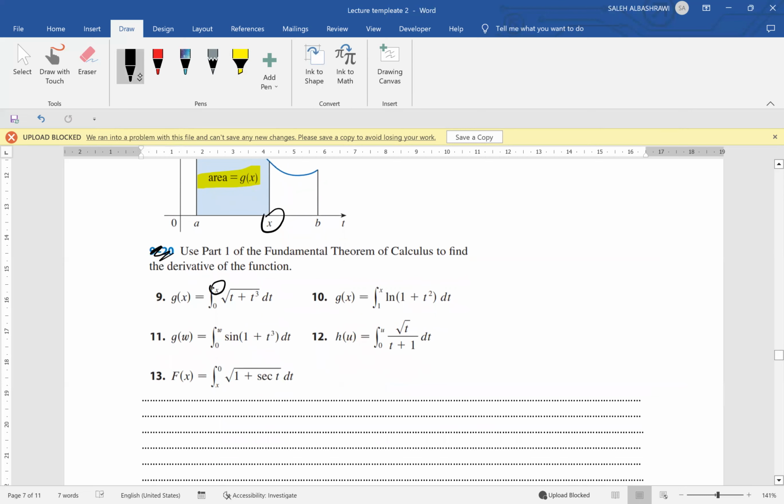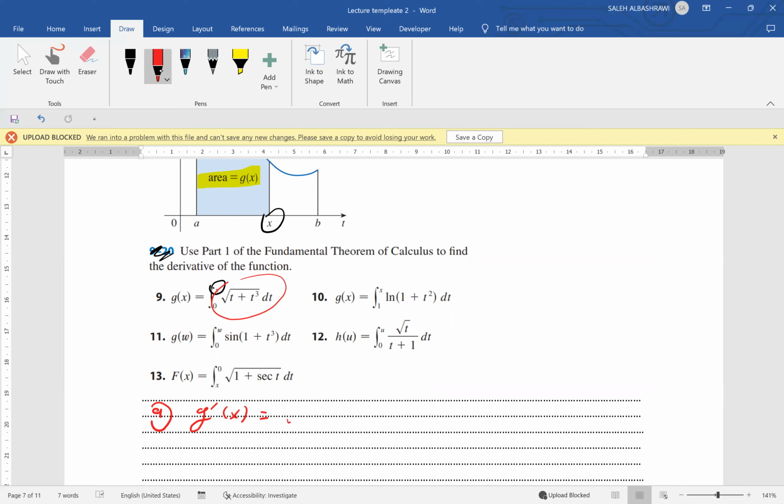Now, question number 9. The derivative of g of x is equal to the function inside the integration.